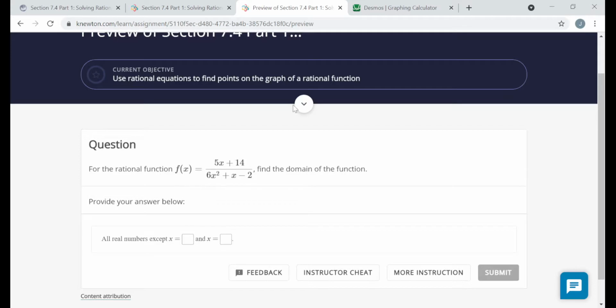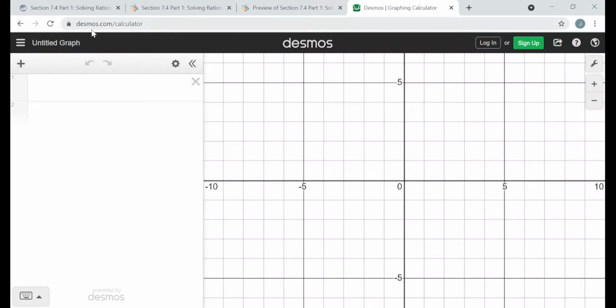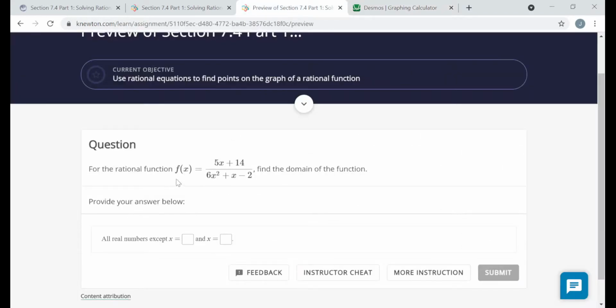I actually have a free online graphing calculator at desmos.com. And let me show you what the graph of this function will look like. So I'm going to enter it this way.